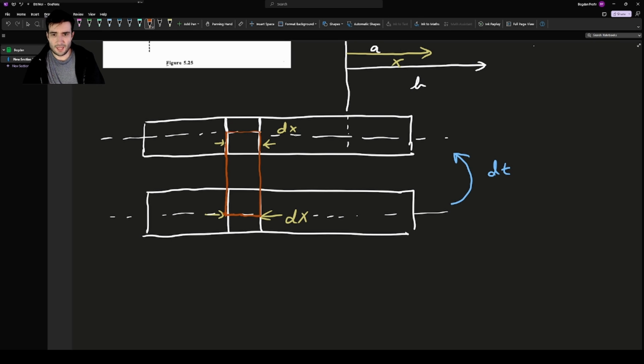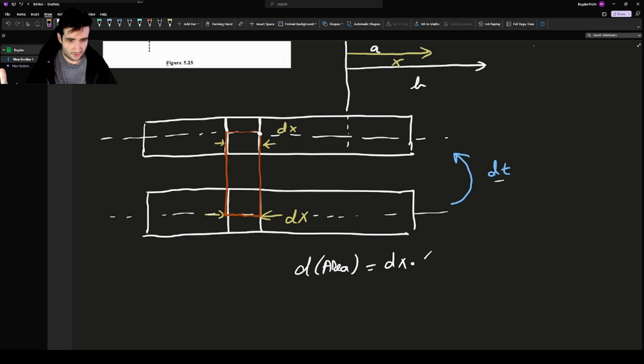And we can find what the area is of this rectangle quite easily. So we know that this rectangle has a width dx, and so let's call this d area. So it's dx, which is the width, times the length. So the length is just the distance traveled in the amount of time dt, which is just v dt.